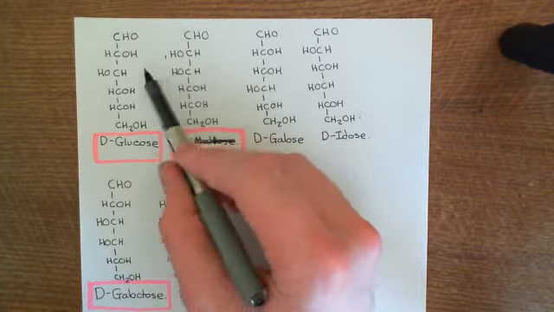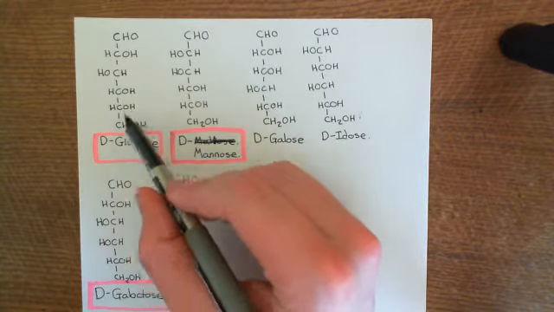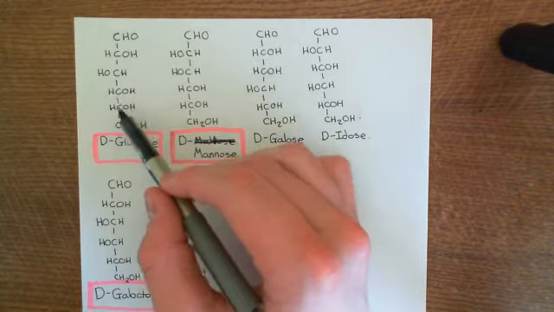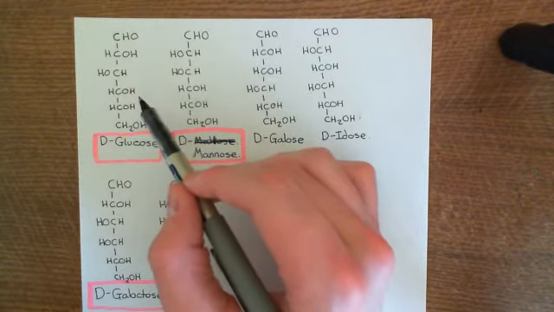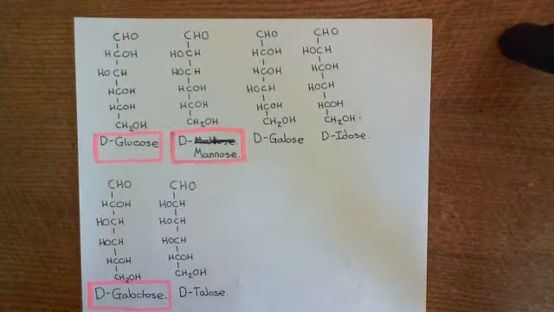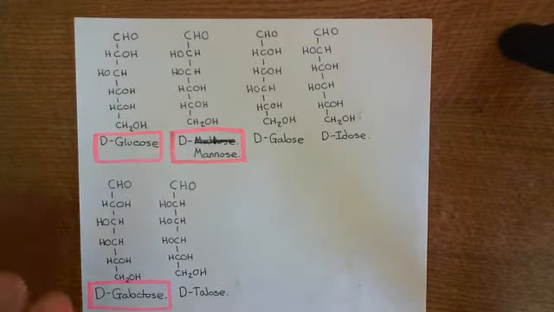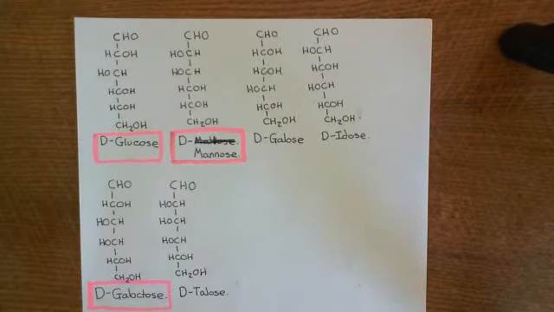So then it would differ from D-glucose in 2 alcohol groups going in different directions. So if you only differ by one alcohol group going in a different direction, then you are considered an epimer of that molecule. So D-glucose is an epimer of D-mannose, D-mannose is an epimer of D-glucose. They are epimers of one another.